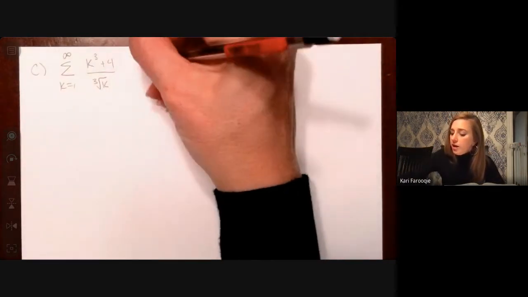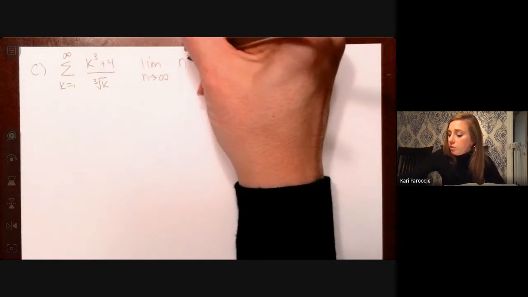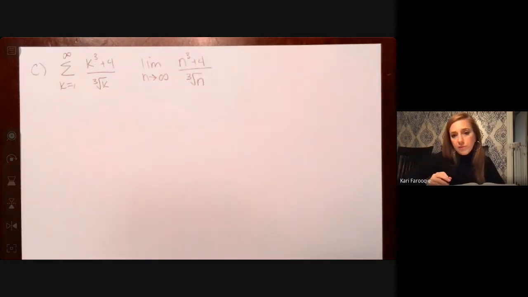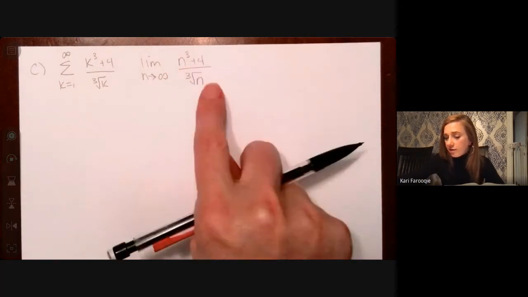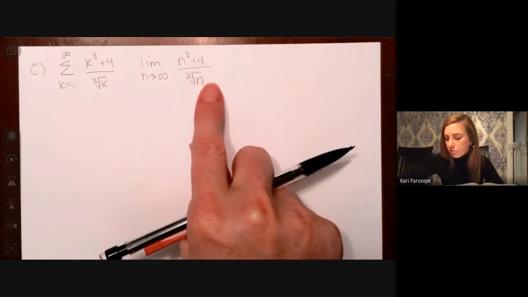All right, so let's go ahead and take the limit as n approaches infinity of n cubed plus 4 divided by the cube root of n. Now, if you remember from Calc 1, we talked about how to find these limits at infinity. With this radical, if you try to use L'Hopital's rule, the radical keeps popping back and forth in its position in the fraction, so you can't simplify it that way.